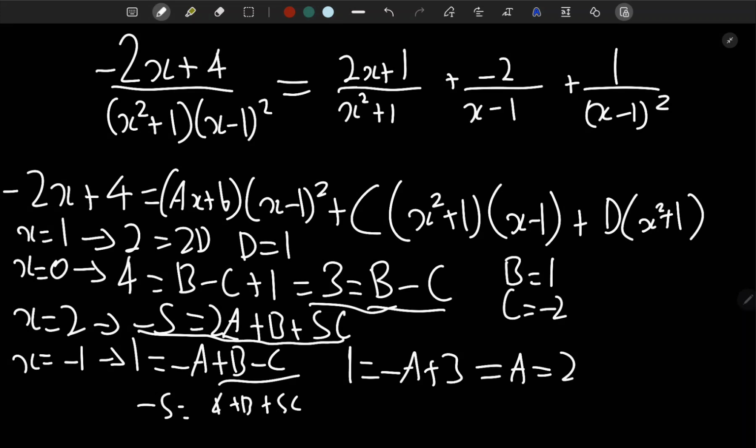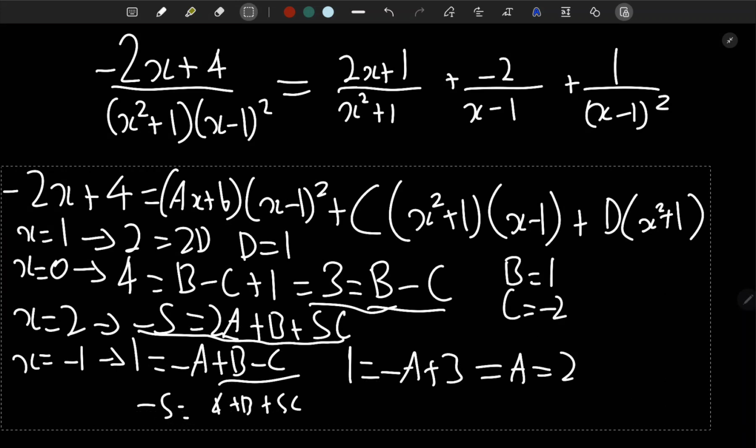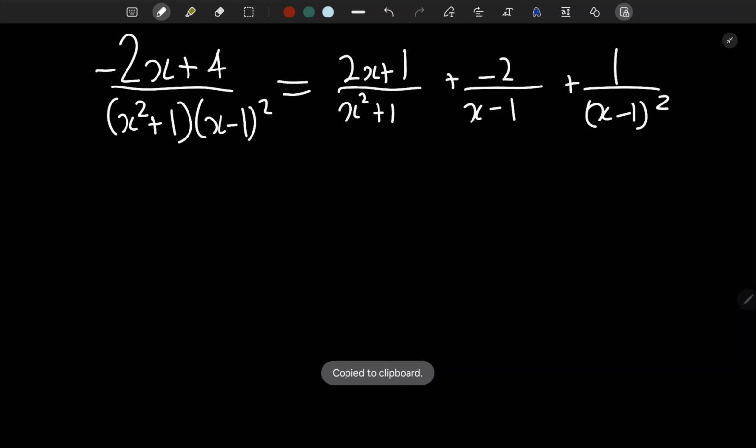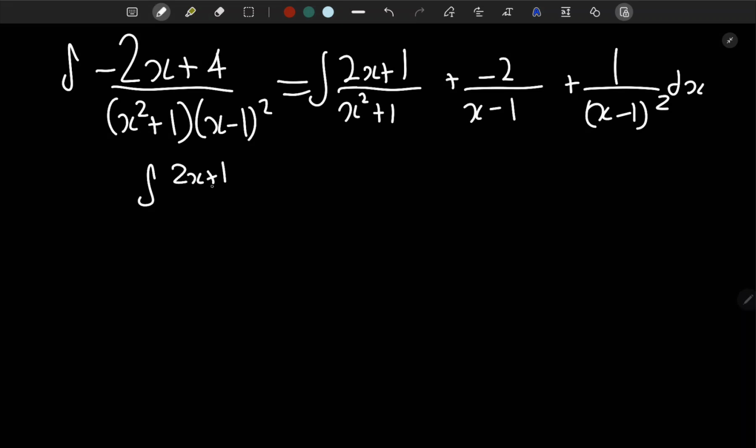So now all that is left is to integrate this. So let me just get rid of all the workings, and now let's integrate the last step, which is the easiest step. Integrate dx. Okay, so now we need to find the integration of 2x plus 1 over x squared plus 1.